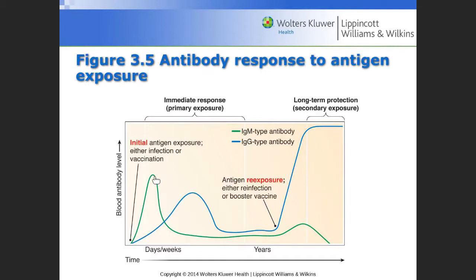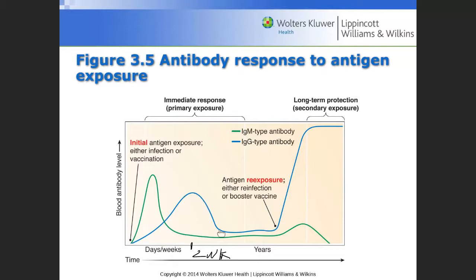IgM is not considered protective immunity at all. What you want is immunity that protects you against the pathogen, and we call that protective immunity. You have to wait for 2 weeks. So right about here, you can say the peak is at 2 weeks. And what you see is that the protective immunity involves the IgG type, okay, IgG.